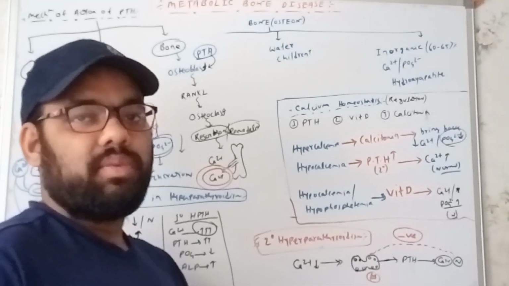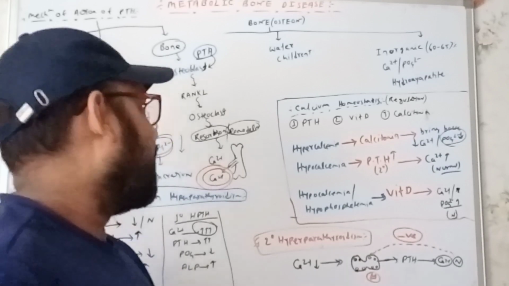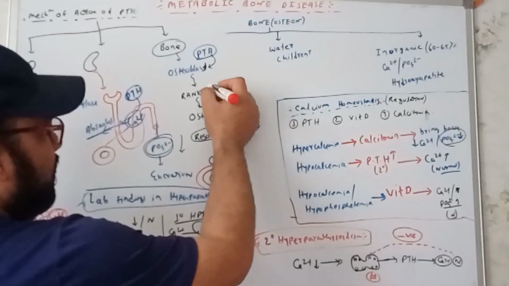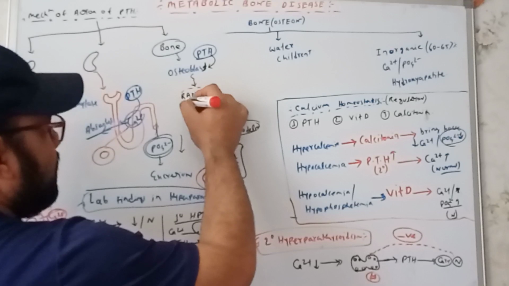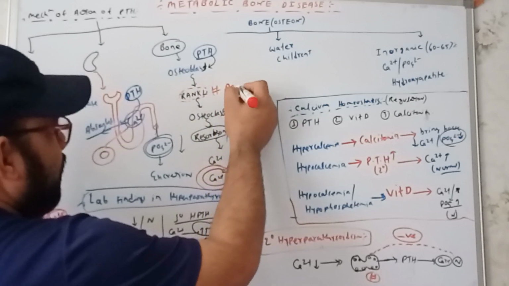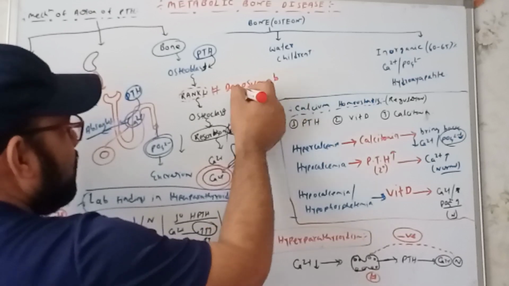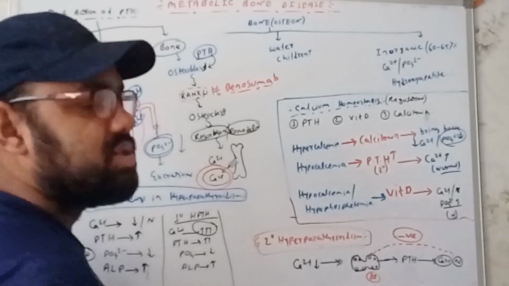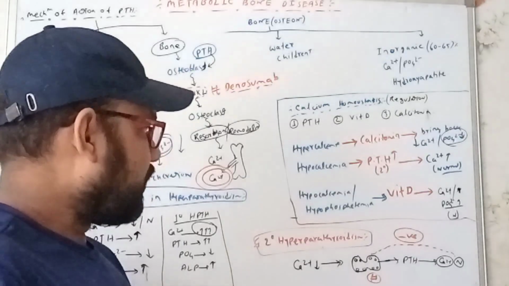Once the osteoclast is activated, it will start breaking down the bone, the resorption of the bone. But for example, if you want to stop the function of osteoclast, there is a drug that will inhibit the RANK ligand from its job. That is denosumab. So if you use denosumab, it will stop the function of the RANK ligand related osteoclast activation. So ultimately the bone resorption will be stopped, right? Okay.